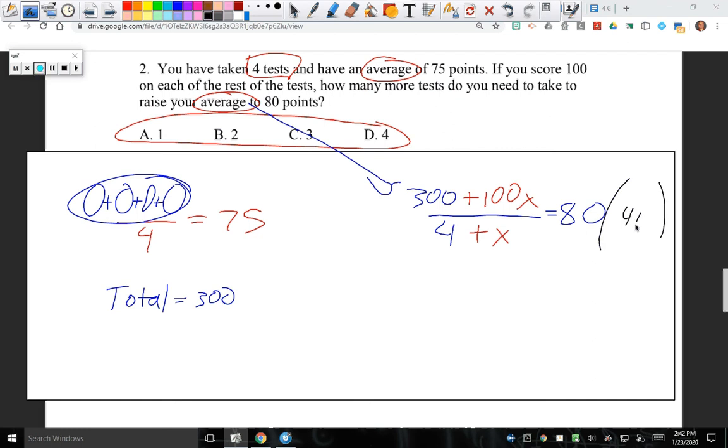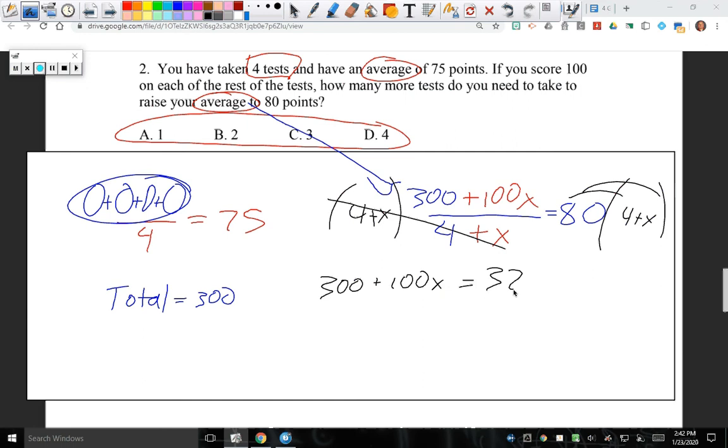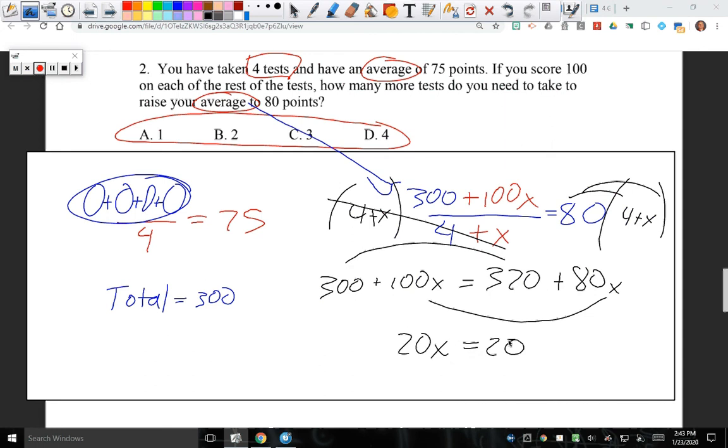So if I multiply both sides by 4 plus x, these cancel to a form of 1, and I'm left with 300 plus 100x distribute is equal to 320 plus 80x. Okay? From there, all I'm going to do is solve for x. Okay? Basic solving for x. Move this over to get 20. Move this over to have 20. And obviously, how many tests did I need? 1.